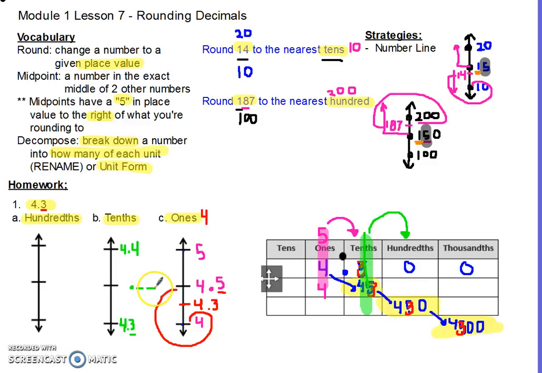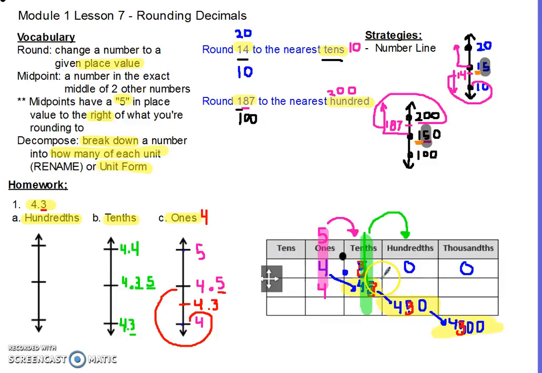I know there's 2 place values, and there's going to be a 5 in that column right there. And I'm looking down here, and I see a 3, and I just fill this number in from the bottom, so 4.35. So my midpoint between 4.3 and 4.4 is 4.35.